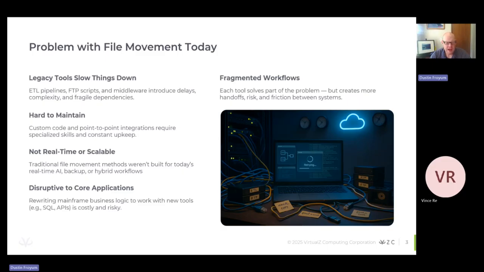These can also be hard to maintain because you may have multiple products or some custom code that you also have to work with and maintain, or, God forbid, you're doing really costly and complex change data capture scenarios, or even products that require an agent on the mainframe and on your target as well. So both the source and target components tend to eat into scalability because of a lack of flexibility in those architectures.